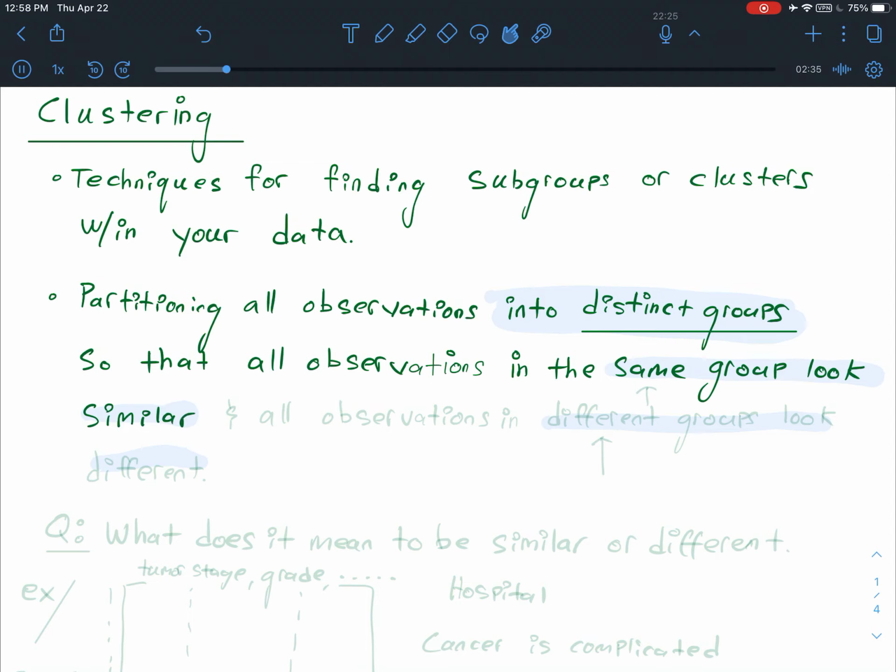And if we want all observations in the same group to look similar, what would we want about observations in different groups? Well, we'd want them to look very different. So all observations in different groups should look different.